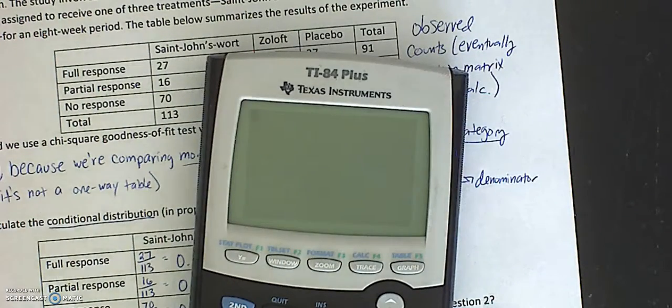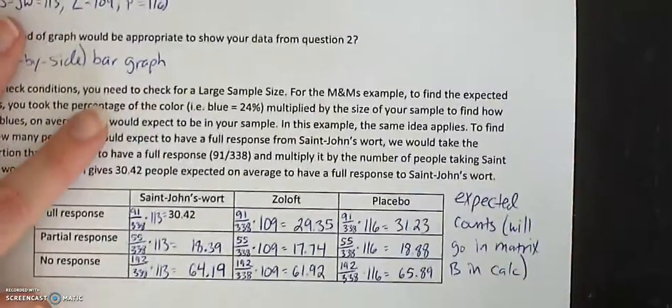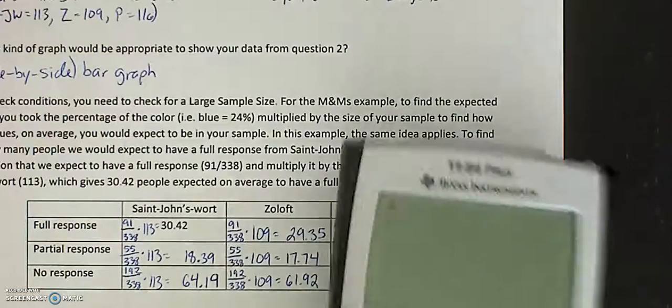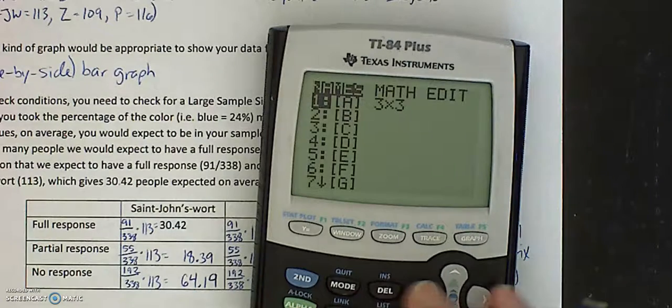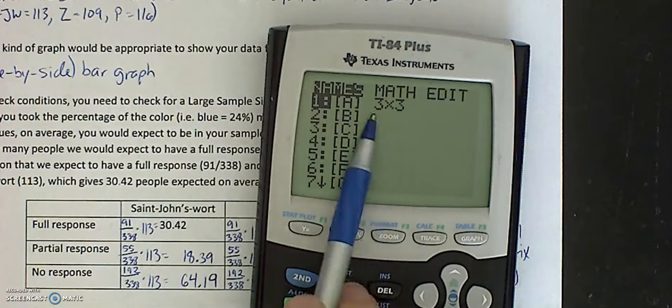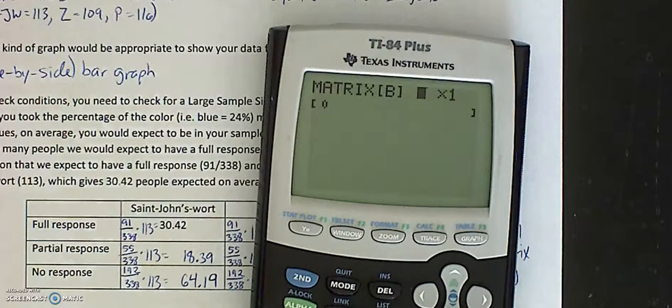And now I'm going to do the exact same thing, but in matrix B, I'm going to put in my expected. So these expected values that I calculated, they're going to go into matrix B. So I go back to matrix. Look, and now it tells me that I have a 3 by 3 in matrix A. Go over to Edit, go down to Matrix B. It's also a 3 by 3.